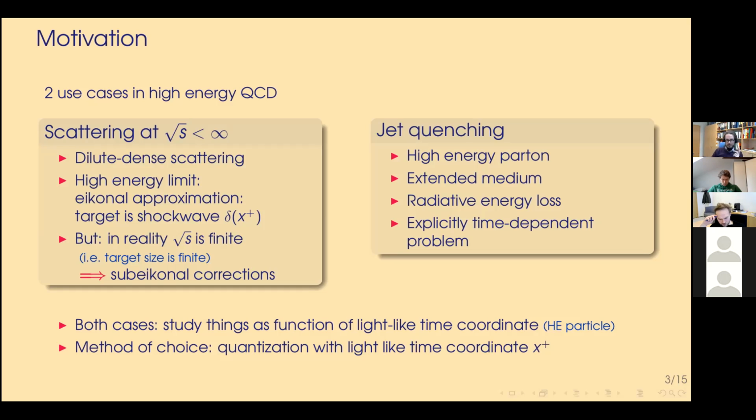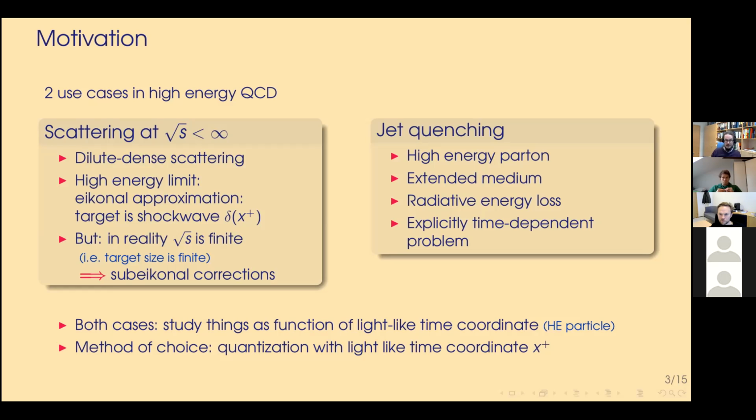What people in the CGC community typically do is make life simple, as you always want to do in physics. If you want to study things that happen at high energy, you make the approximation that the energy is infinite, because that turns out to simplify your life a lot. So a lot of the calculations used in small x physics are done in the eikonal approximation, and I will come back to this Lorentz boost a little more.